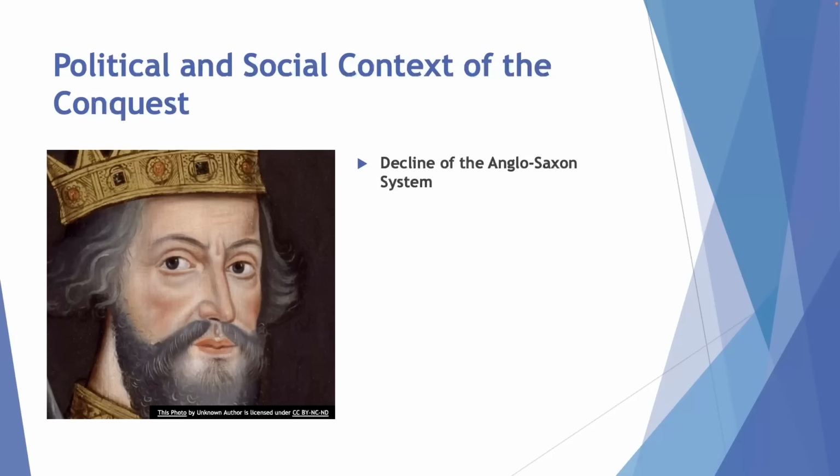The family itself had been instrumental in placing Edward the Confessor on the throne in the first place, and so their dominance had become a cause of tension at the point of January 1066, at the point at which Edward had died. So the Anglo-Saxon system was in decline even before the taking of the throne by the Godwinson family, by Harold himself, the Earl of Wessex.